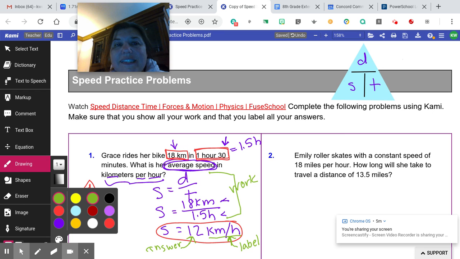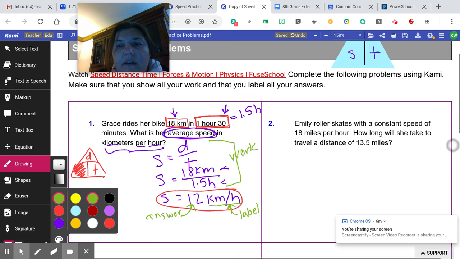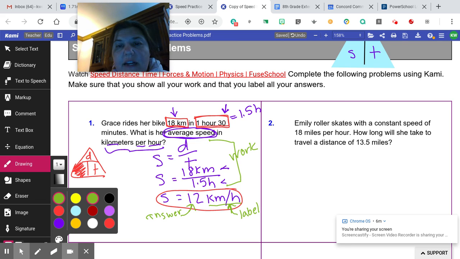Let's go ahead and set up problem number 2, just so we know that we have it set up, because this one we are not solving for speed. So I'll show you how the triangle will work to figure out the other equation. So it says Emily roller skates with constant speed of 18 miles per hour.